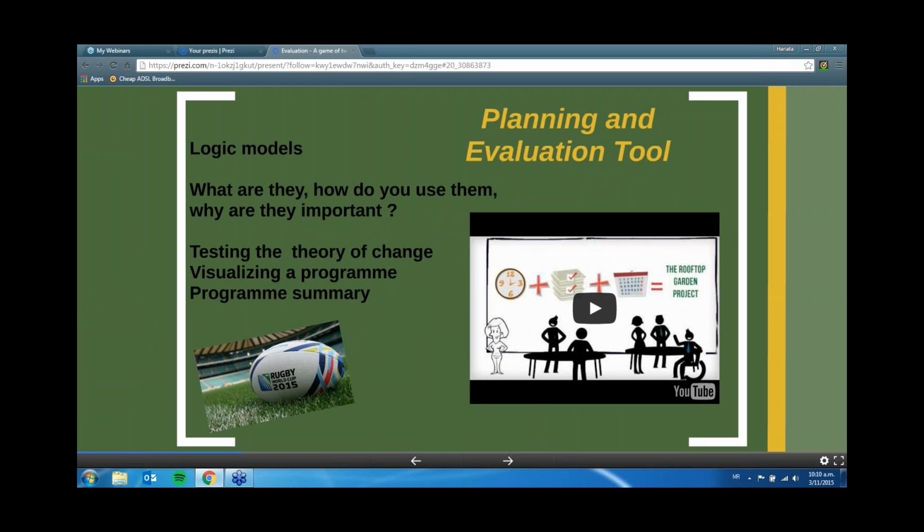I actually see it as a whakapapa, a view of the whakapapa of a program, and it also helps with sending out your model to your stakeholders, your participants, as a kind of program summary on what the program's trying to do and what it's meant to achieve as a result of it.